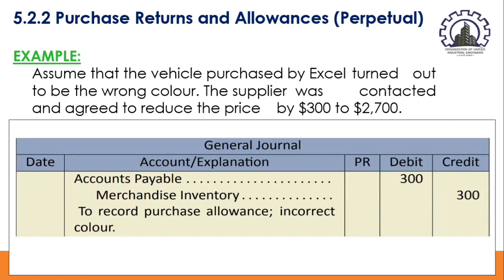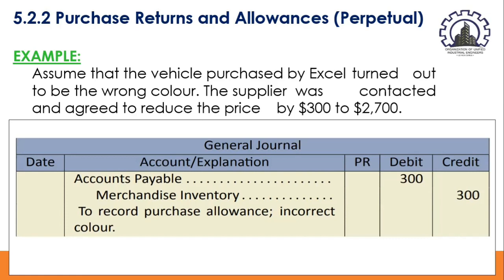The supplier was contacted and agreed to reduce the price by $300 to $2,700. So the customer called Excel company, because initially the customer wanted a red car, and the one that was delivered to him was a blue car.